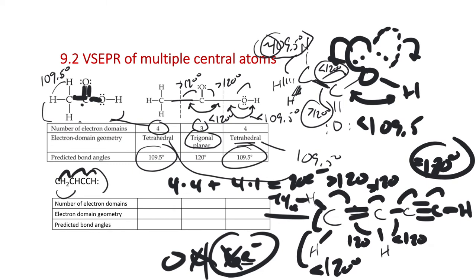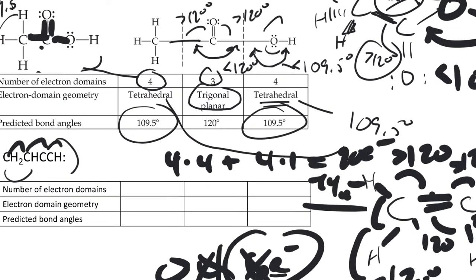And so then we can sort of look for, if we go carbon 1, carbon 2, let's just go through the 4 carbons to fill in a chart here. So carbon 1 is trigonal planar, with bond angles of about 120 degrees.